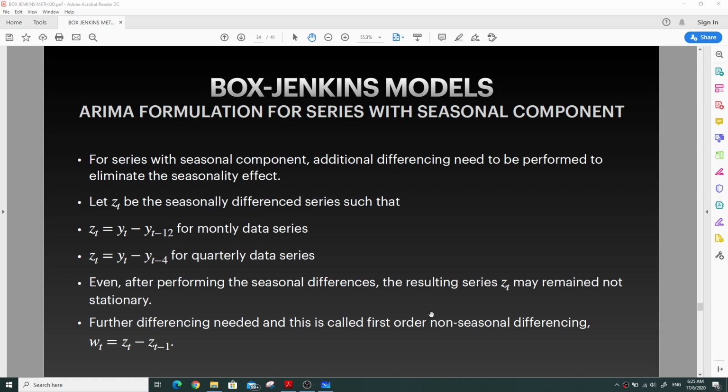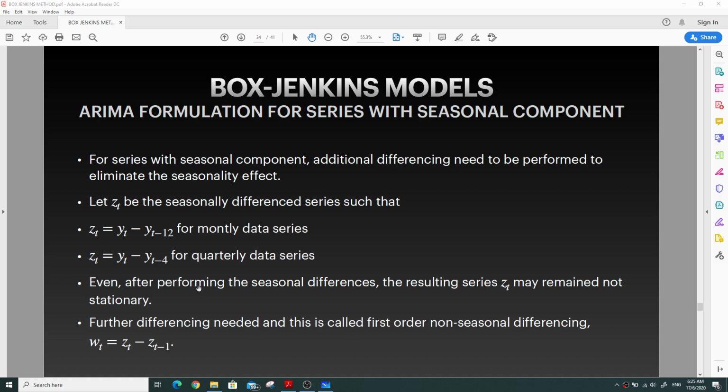If you have a time series with a seasonal component, we use Zt to represent the seasonal difference. The seasonal difference depends on whether our series is a monthly or quarterly data series, and Zt is represented as Yt minus Yt-12 for monthly, and Yt minus Yt-4 for quarterly.